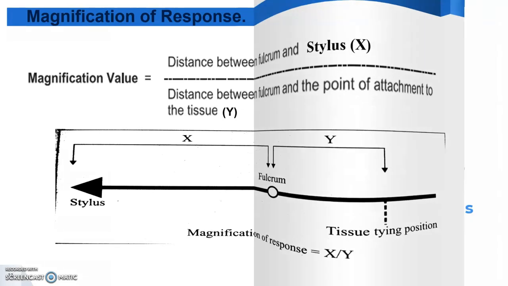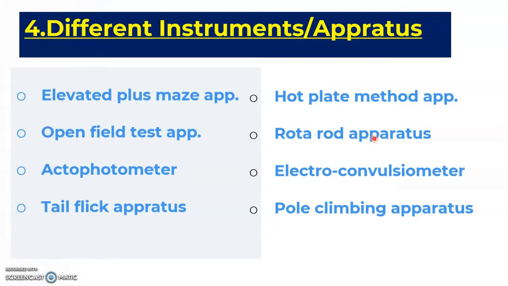Now the next part is what are the different instruments or apparatus used in pharmacology practice. A total of 8 apparatus are used for these experiments. Elevated plus maze apparatus: with the help of this we can check the anti-anxiety effect. Open field is also the same.